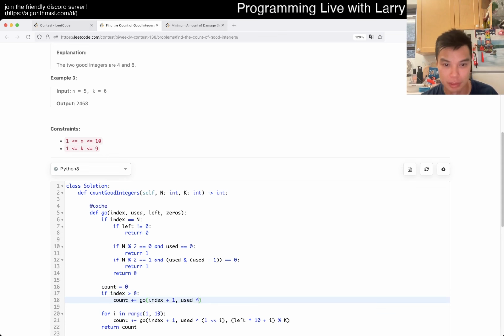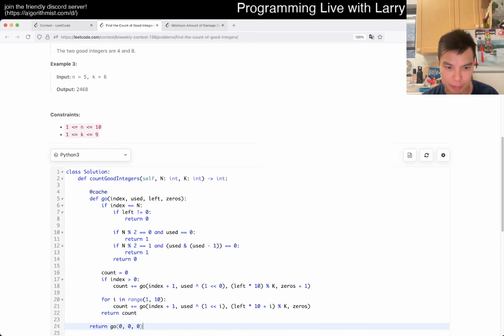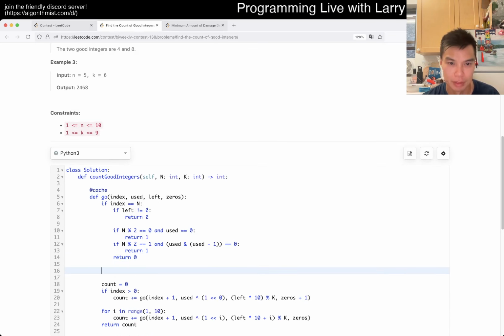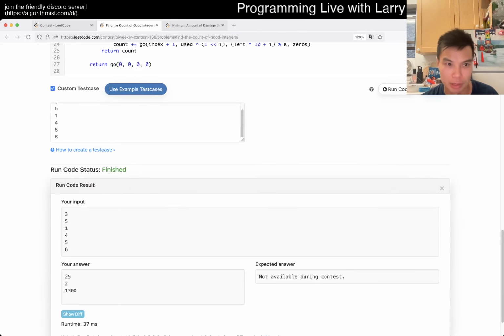Just to keep it consistent, right? Except for add zeros. So this is zeros. This is zeros plus 1. Okay, and then also if zeros is greater than n, we return 0, something like that.